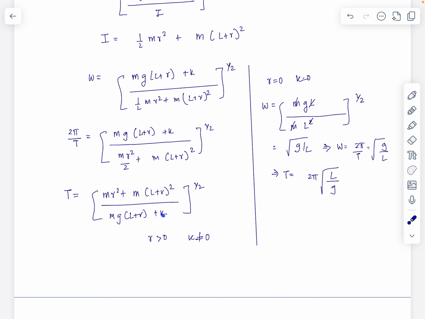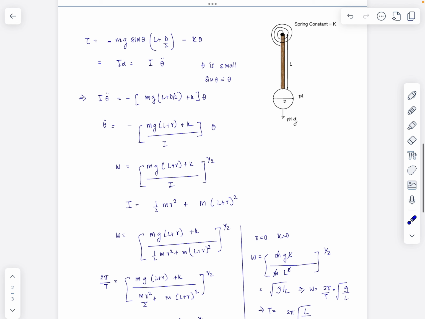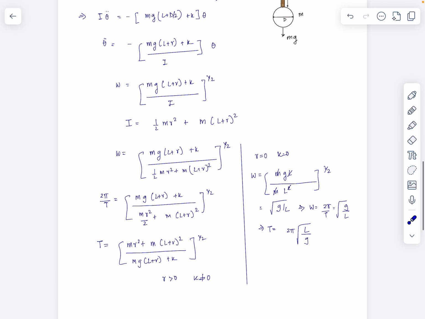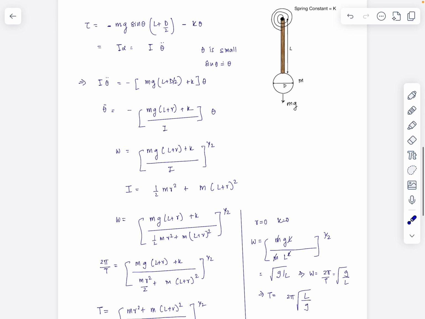So we can compute the spring constant k here. That's the interesting part in this problem. I hope this gives you an insight into how to not only find the time period for this particular configuration, but also how to use it to find the spring constant k.